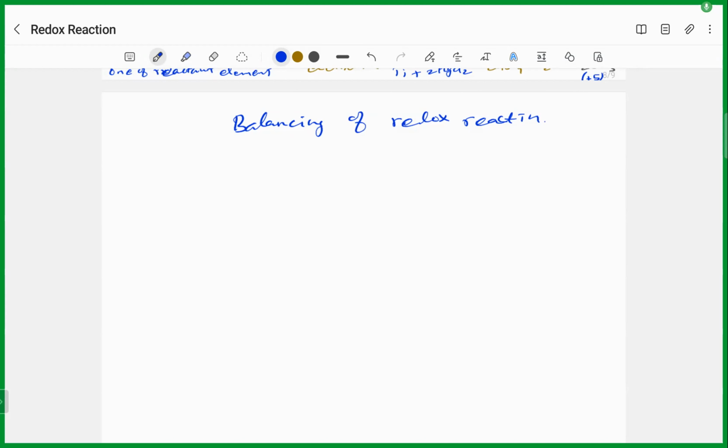Here 3 2s are 6, and here there is only one oxygen. So we have to multiply by 6, that is OH. So P4 plus 6 OH minus gives PH3 plus 3 H2PO2 minus.